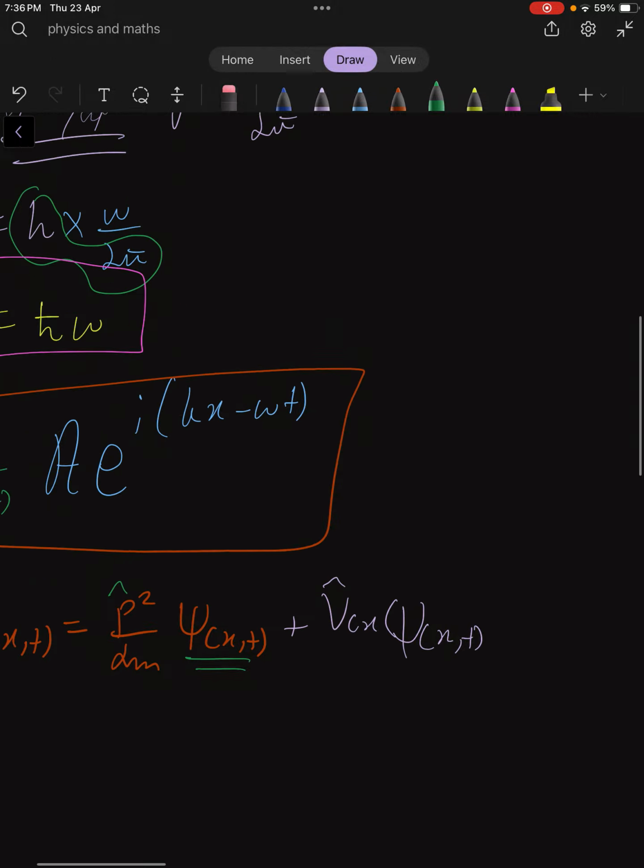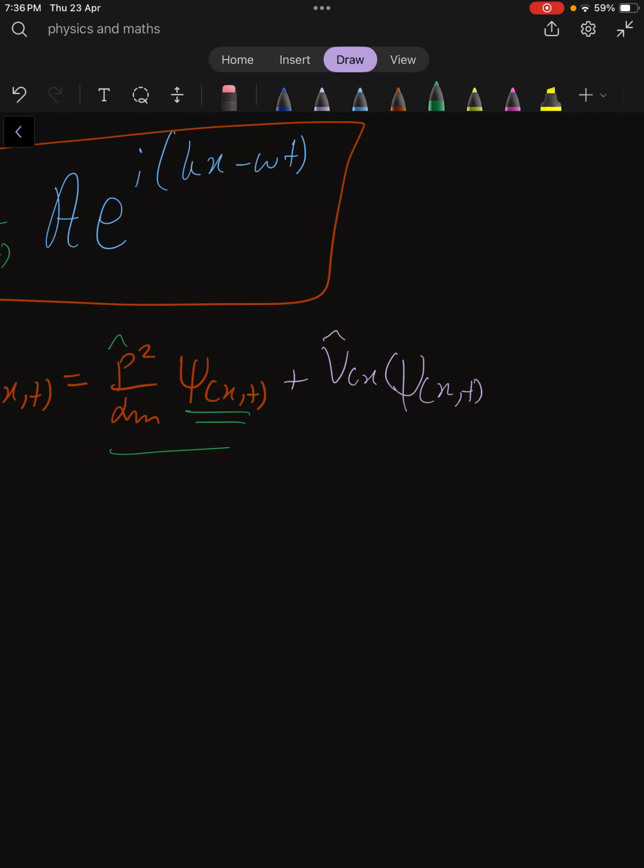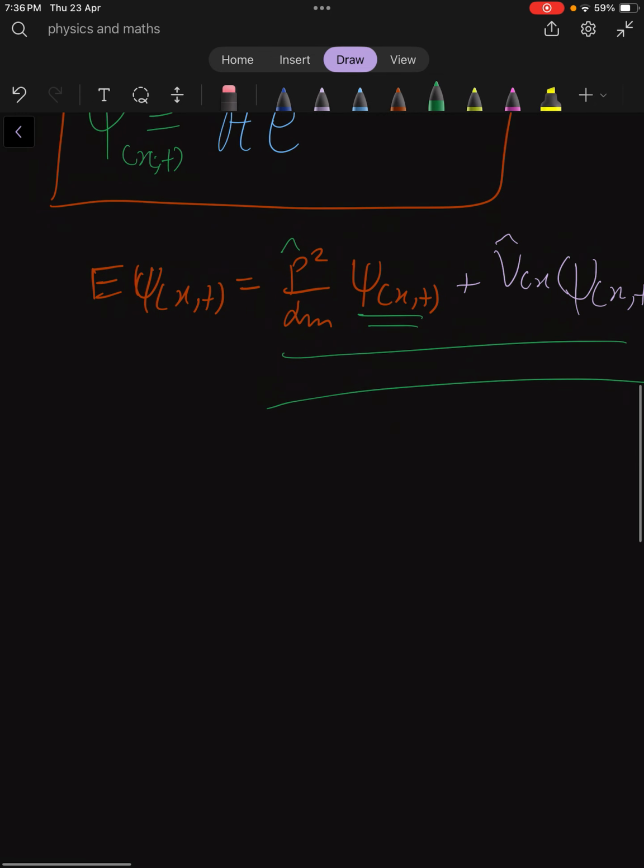So I multiplied psi inside on the right side. Now I'll expand it even more, as we know that p and E also have forms.